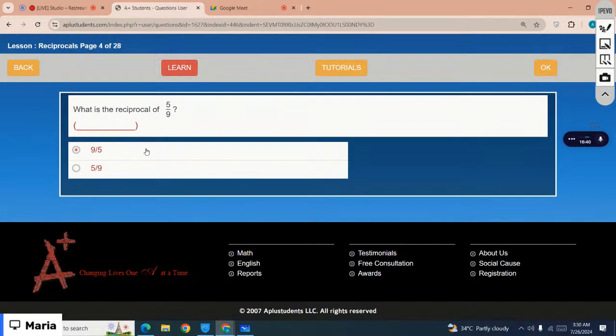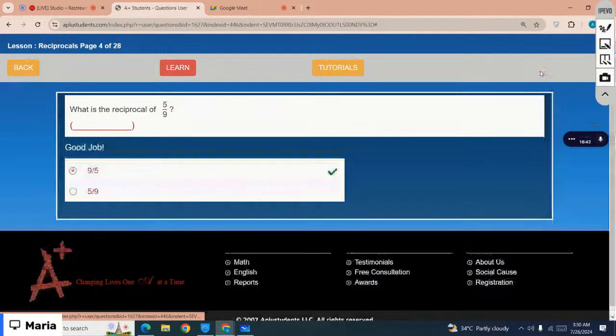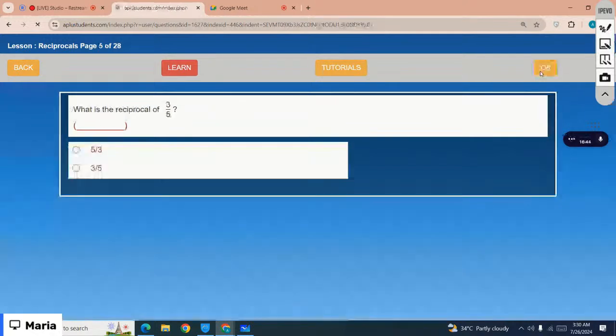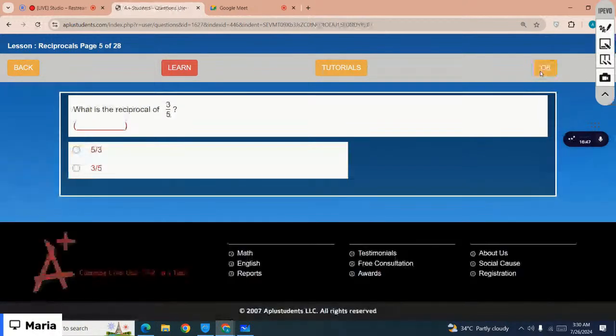Option number 1 is the correct option. What is the reciprocal of 3 over 5?